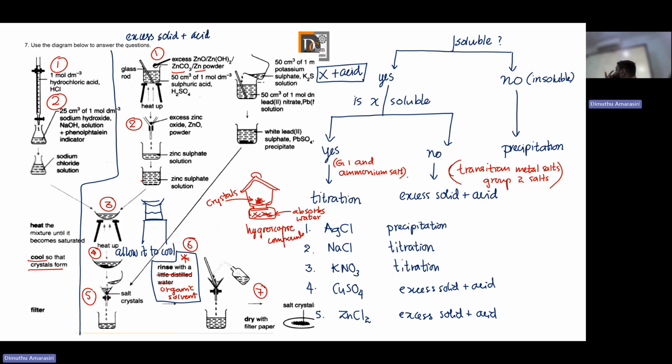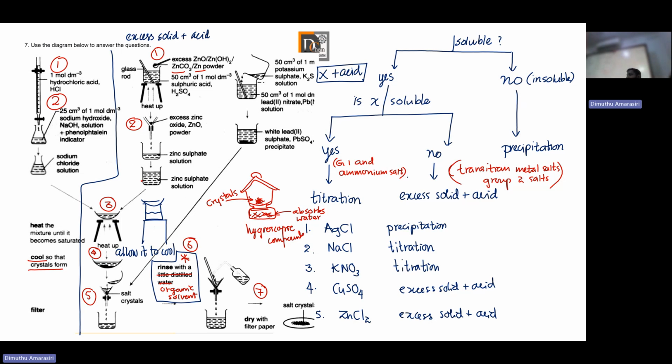Obtain the solution, and then the solution is heated in an evaporating dish until the crystallization starts, or until it goes saturated. You have to use these words, okay? Then you allow the solution to cool to form the crystals.